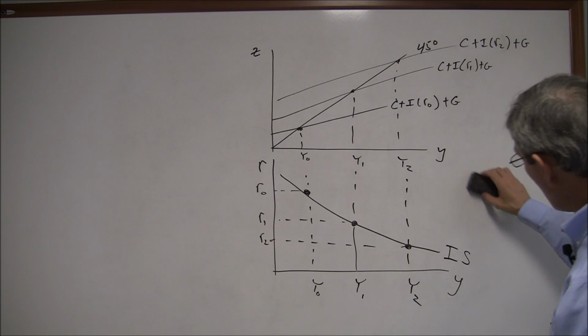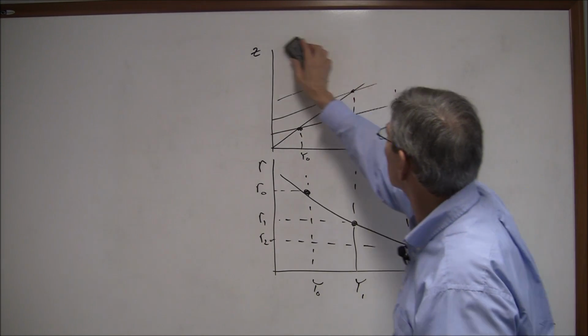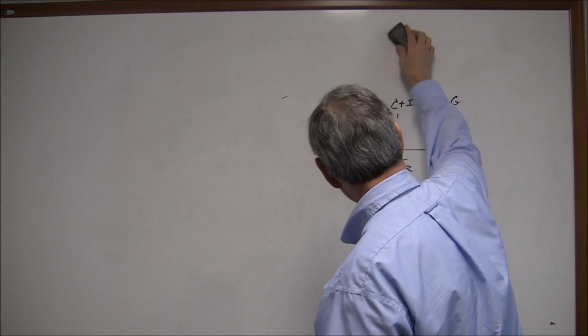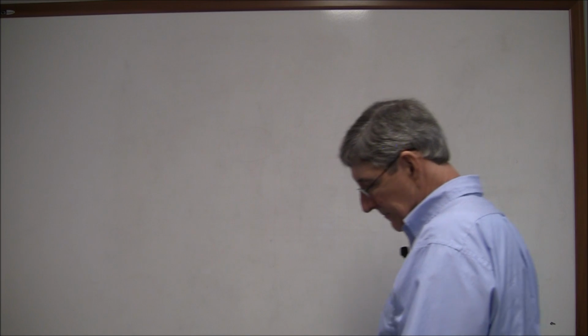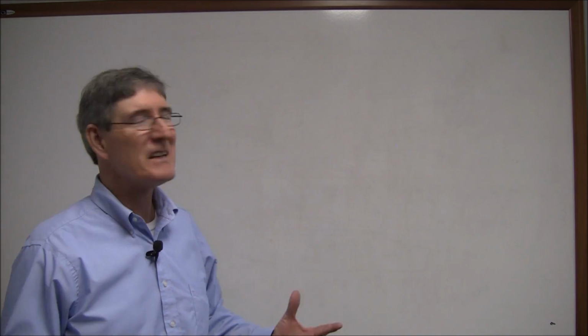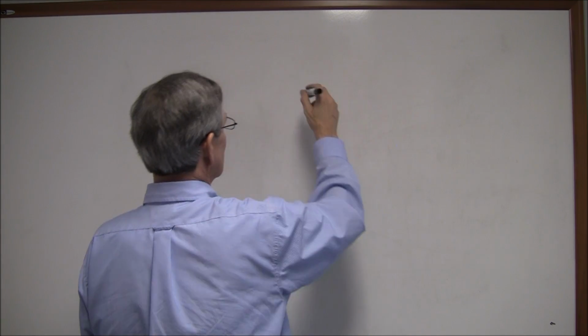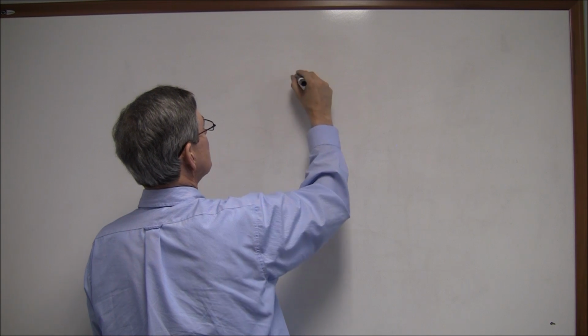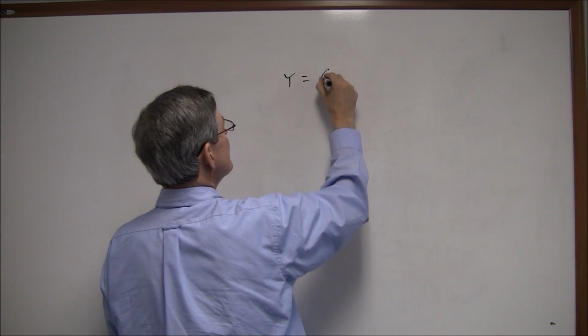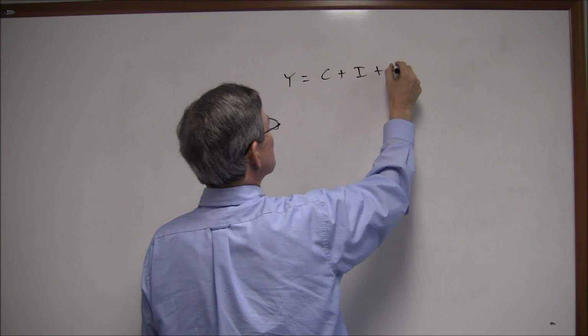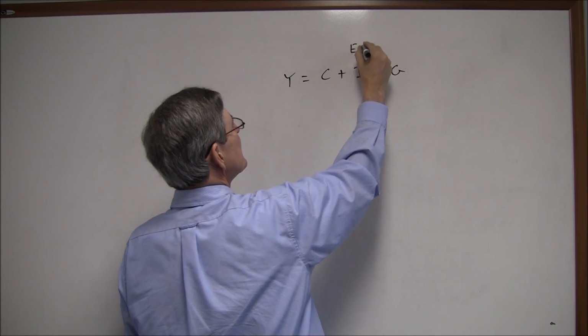Now, why is it called the IS curve? IS stands for investment equals saving. And we're using an income equals expenditures approach. So we're using Y equals C plus I plus G. This side is expenditures.